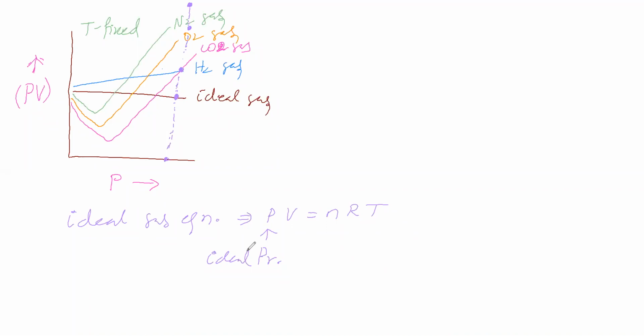Now let us take the pressure exerted by a real gas. Let us compare the pressure exerted by real gas and the pressure exerted by ideal gas. Real gas means among the gas molecules attraction is possible.